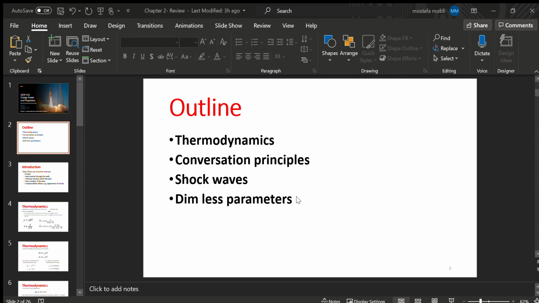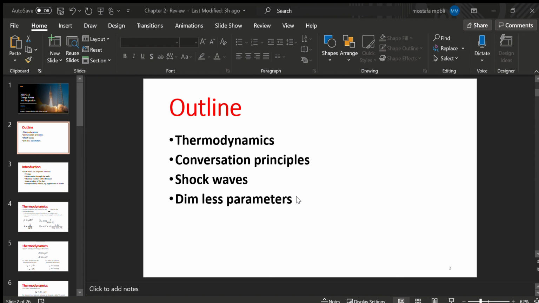As we said, sound waves are essentially pressure waves, so the pressure behind and in front of a sound wave is going to be different. Here you will have an accumulation of millions of sound waves packed together, which means that the pressure behind and in front of the shock wave is going to be very different.